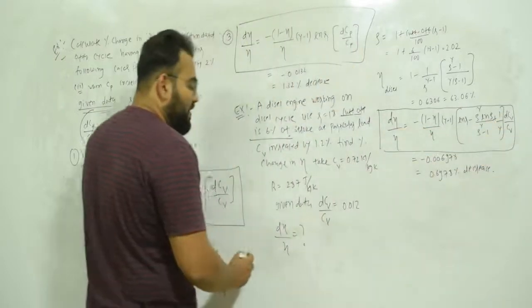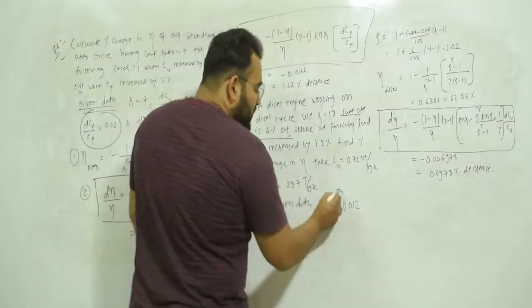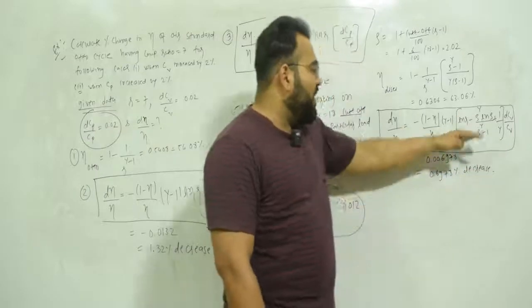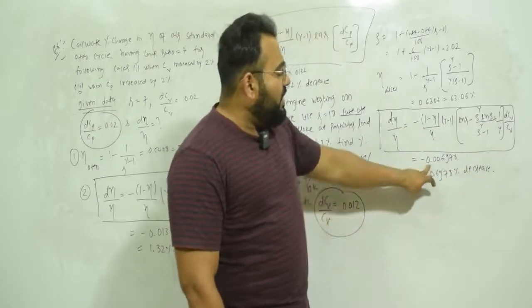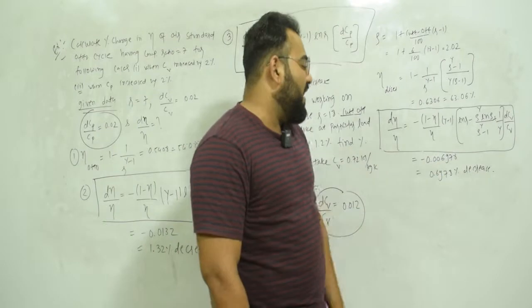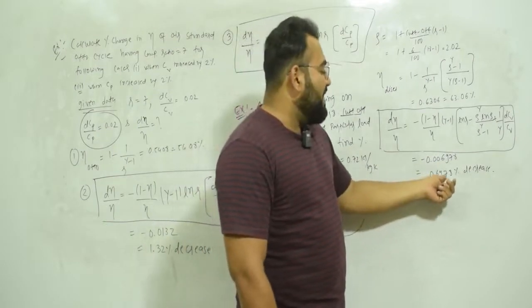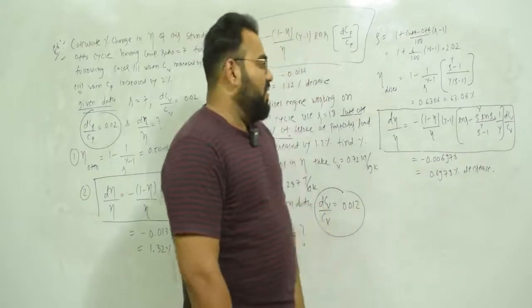We know dCv upon Cv is given as 1.2%, so it is 0.012. Put in all these values, calculate, and the answer will be minus 0.006978. That minus means decrease, so it is a 0.6978% decrease. So this is how you can calculate.